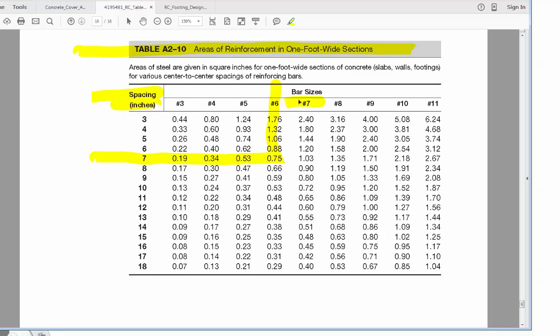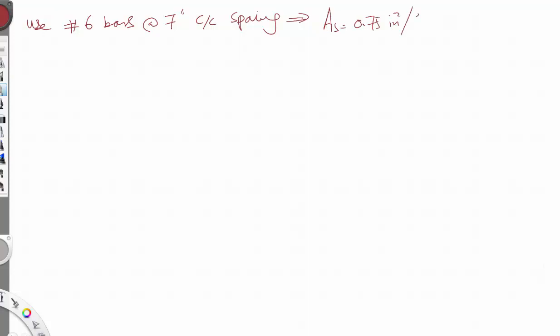So it will be number 6 at 7. So we'll say here, use number 6 bars at 7 inch center spacing and this will give us an area of steel equal to 0.75 inch square per foot.